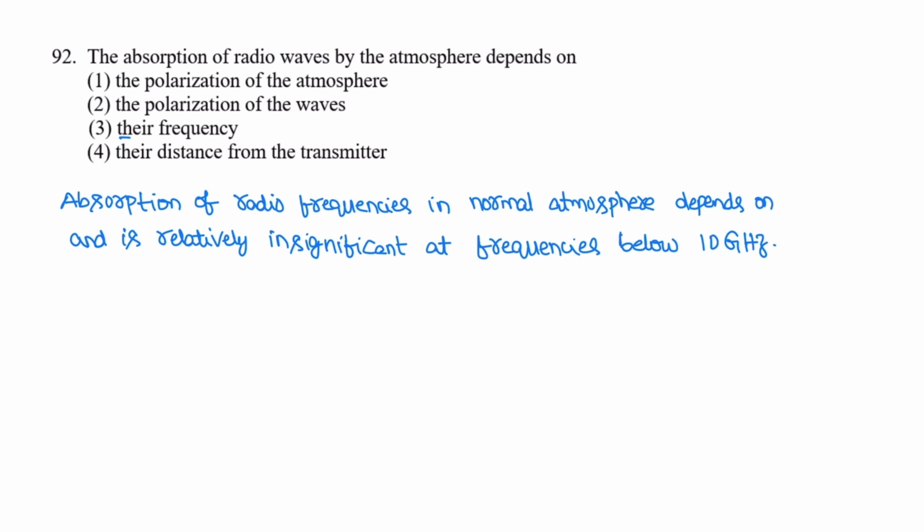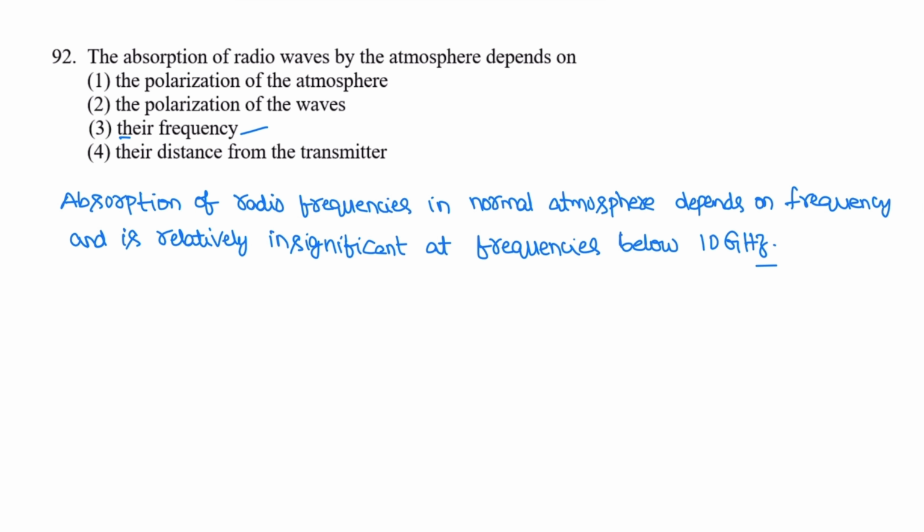The absorption of radio waves in the normal atmosphere depends on their frequency, and it is relatively insignificant at frequencies below 10 gigahertz. So the correct option is 3. The absorption of radio waves by the atmosphere depends on their frequency.